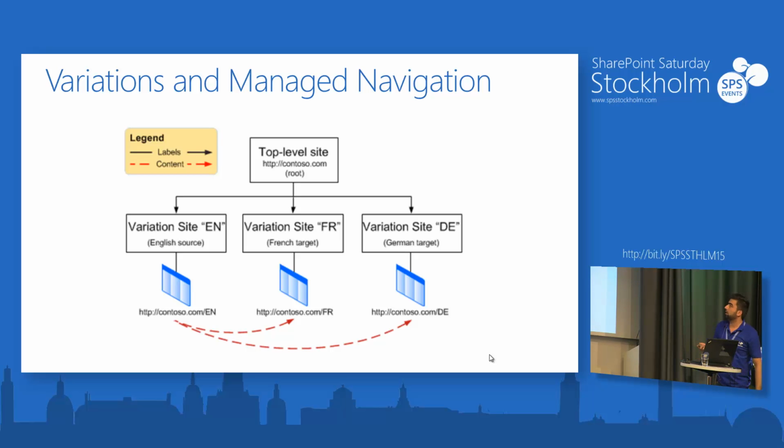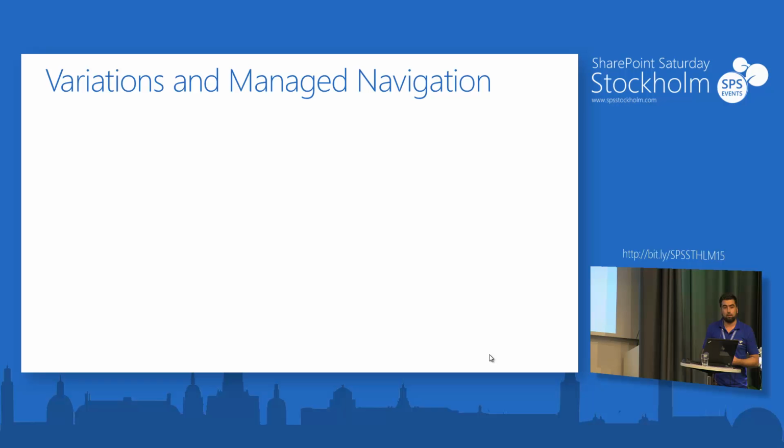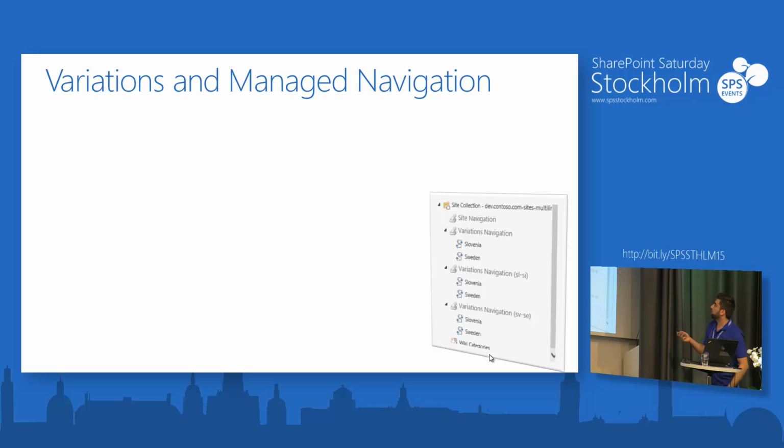So what you could do here is use variations and managed navigation, and you can easily build your multilingual site together with managed navigation. When you build your navigation using different sites in variations, you get the navigation for English, navigation for Slovenian, and navigation for Swedish.